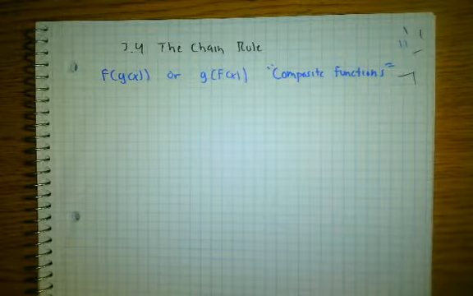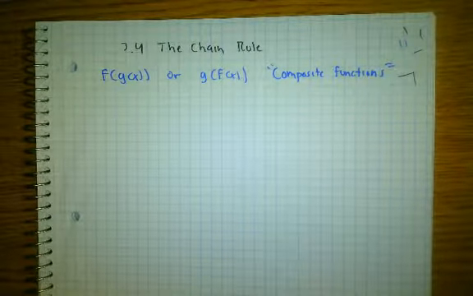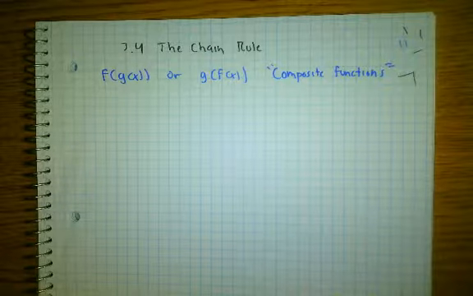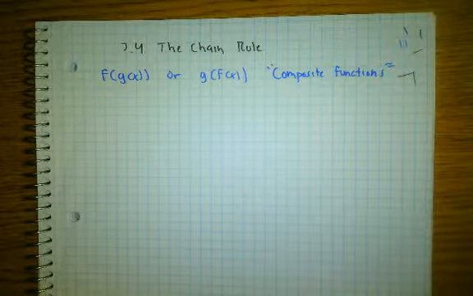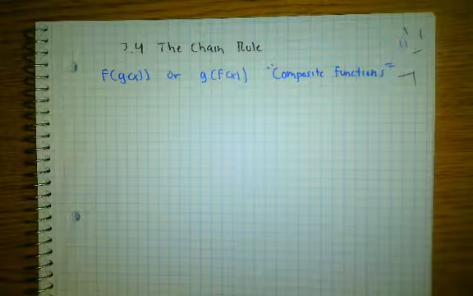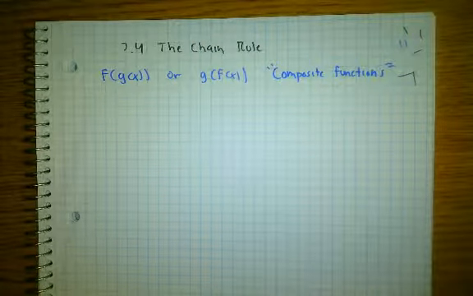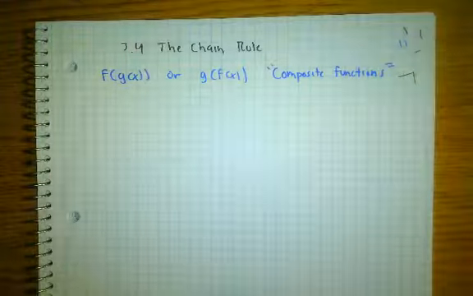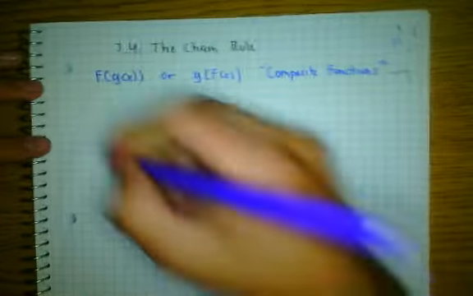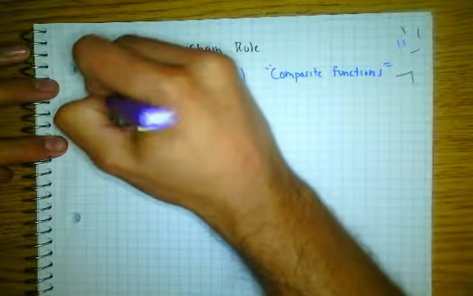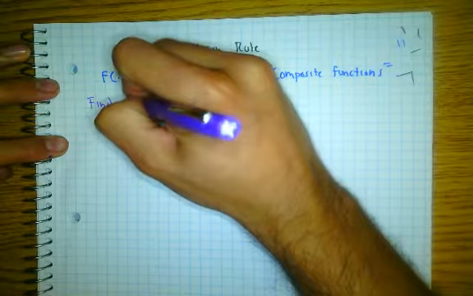Okay? Now, before we get started, I need to make sure that you know how to decompose a function. So we're going to go back to pre-calc for a moment, just to make sure that you know what I'm talking about. So let's say that I tell you to find two functions.